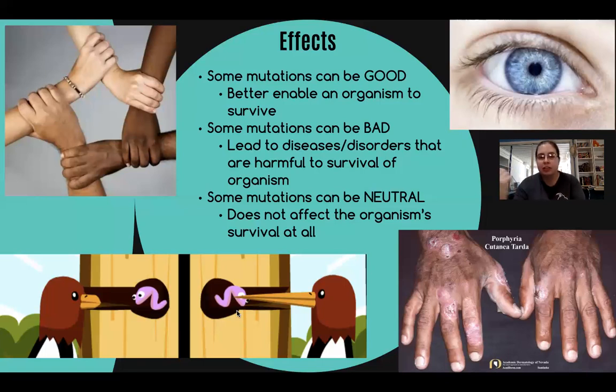Now, yes, some mutations can be bad and they can lead to different diseases or disorders. Down here at the bottom right, I show an example called porphyria, or a variation of porphyria. Porphyria itself is a metabolism error or mutation. There's a mutation that causes an error and prevents someone with it from being able to metabolize certain minerals, so they can't actually get those minerals from their food.